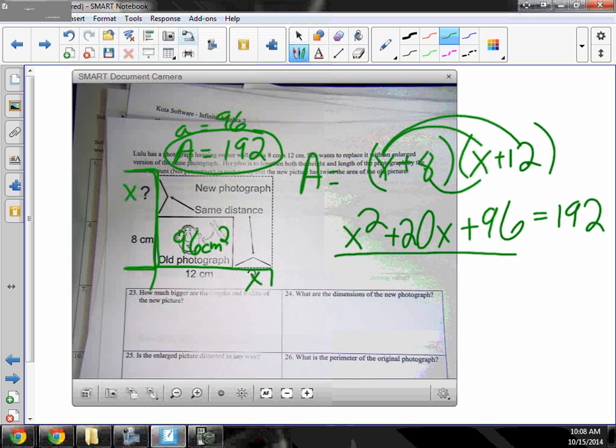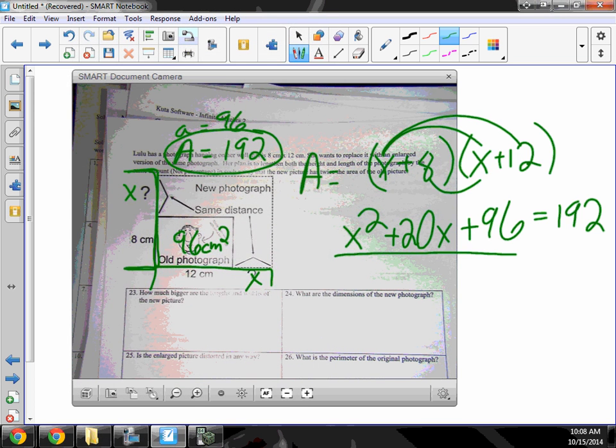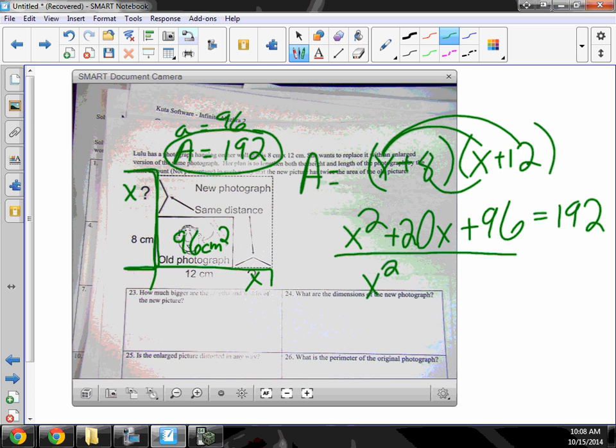And that will take all possible x's and bring it down to 1, maybe 2. It's a quadratic, so it could have 2 answers. So how do I find x? Subtract 192. So x squared plus 20x minus 96. So subtract 192, subtract 192, and I get this.